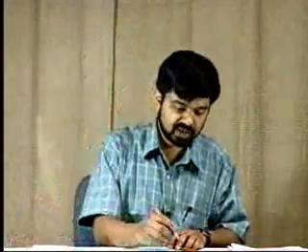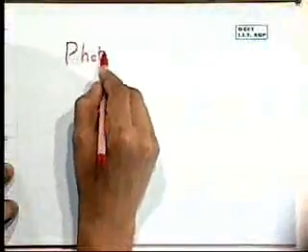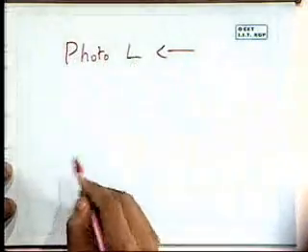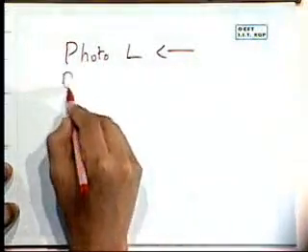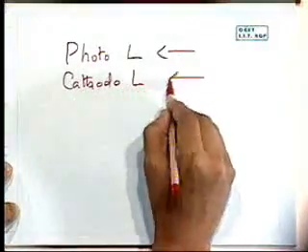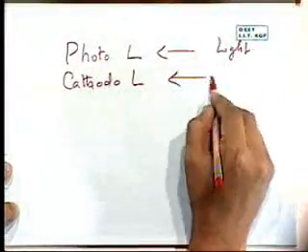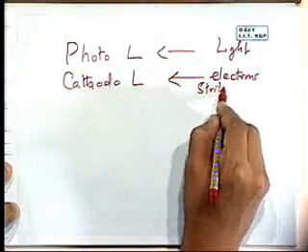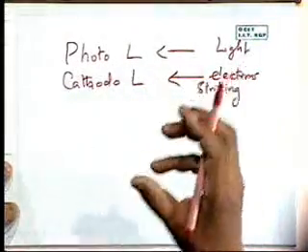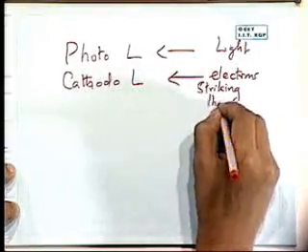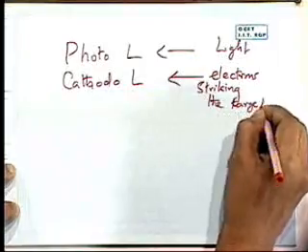Very quickly, depending on the exciting source, we will call it photoluminescence if light is the thing that excites and causes the luminescence. We will call it cathodoluminescence if it's electrons that are striking in a vacuum and exciting, that the energy is being produced for the electron hole pair creation due to the electron striking the target or the material in a vacuum.